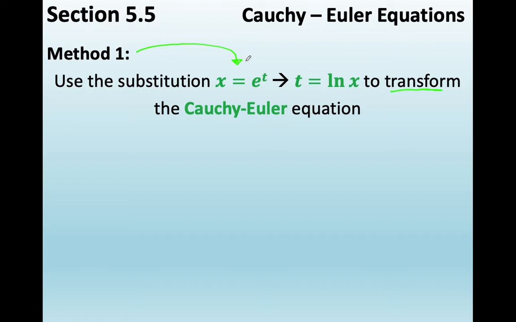So we're going to use the substitution that x is equal to e to the t, which, if I take the ln of both sides here, I get this, right? Do you remember that if I had you for AAF? The exponent that turns e into x is t, right?